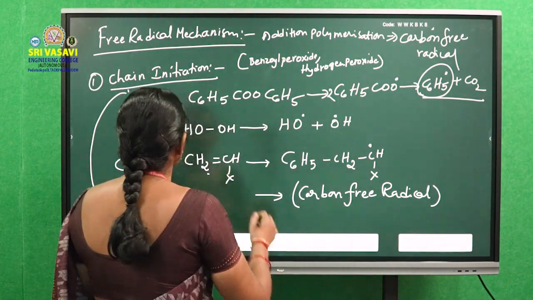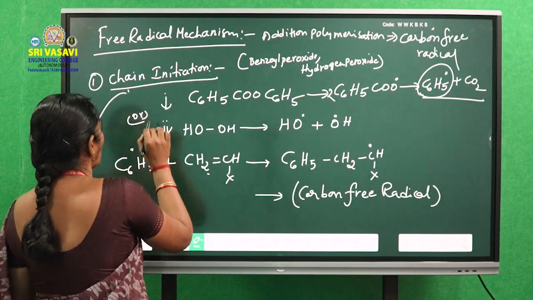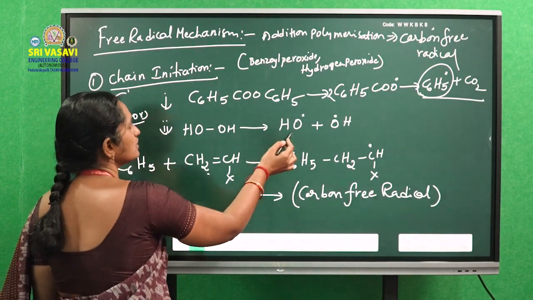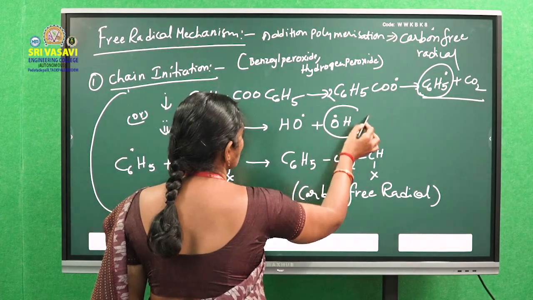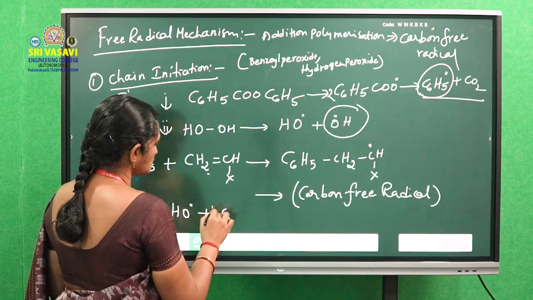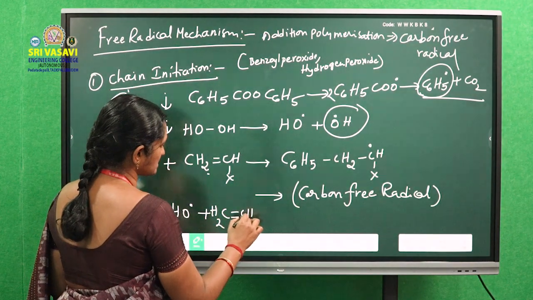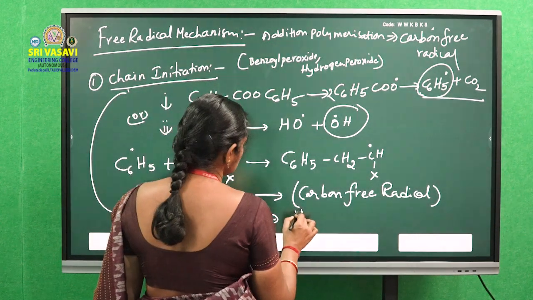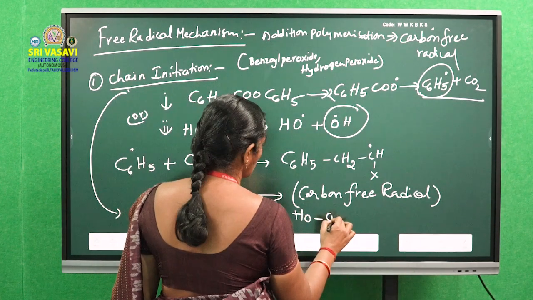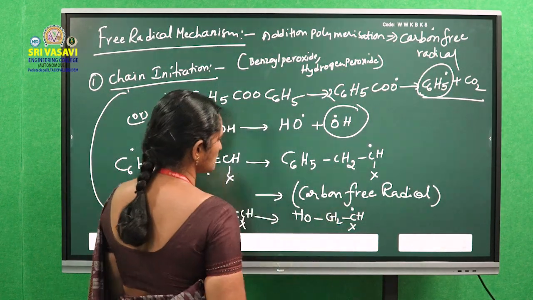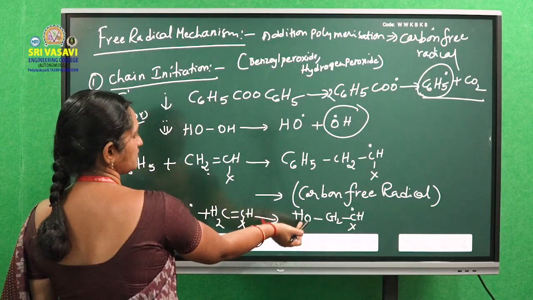If we take hydrogen peroxide, it also cleaves into HO radical, and this HO radical reacts with the monomer. Taking CH2=CHX, the double bond is broken and it creates HO-CH2-CHX radical. So here, in the place of C6H5, HO came.